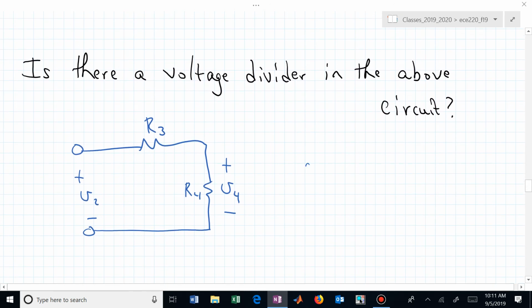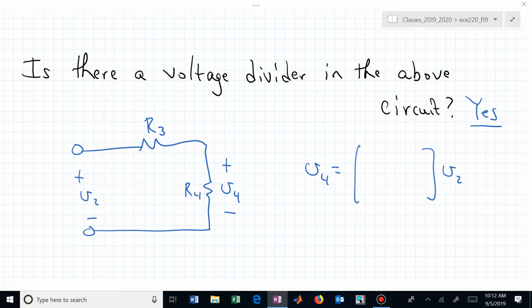And what would V sub 4 be? What's a formula for V sub 4 in terms of V sub 2? If I'm answering yes to that circuit, and if V sub 2 is across those left terminals, what's V sub 4?